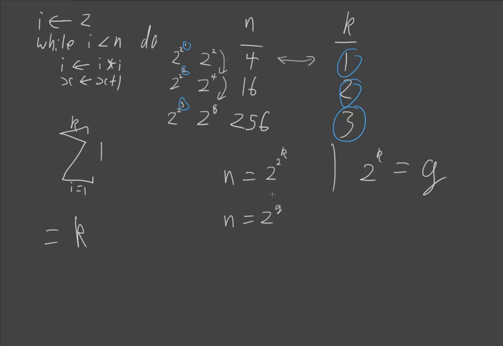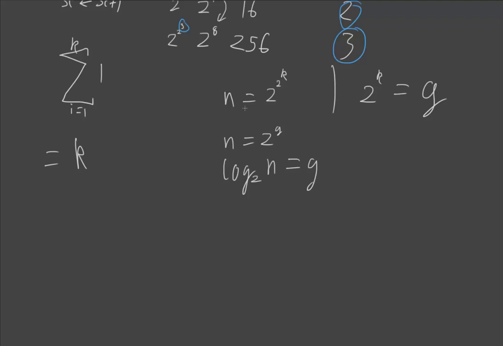Well, in this case, if we wanted to express something in terms of g, we could say, oh, okay, cool, log base 2 of n is equal to g, remembering where g is equal to 2 to the k. So if we want to substitute that back in now, we totally can. So if we actually scroll down here and we say, okay, remember that g is equal to 2 to the k.